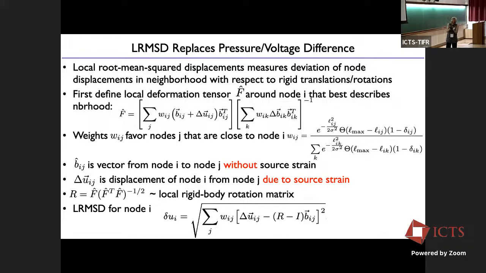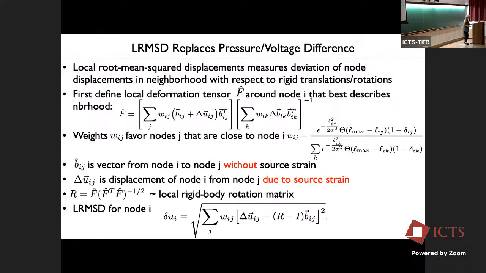And it reduces this all then to a scalar. Okay, so I have a scalar for each node or each region, defined around a node, which tells me the deviation of the local neighborhood from a rigid body rotation or translation. How big is that? Okay, so that's what this quantity tells you.